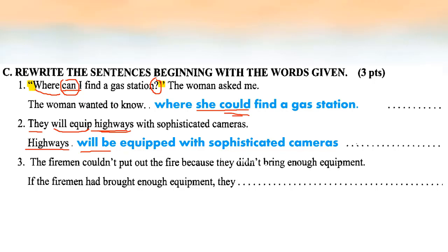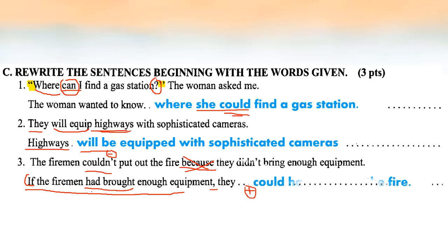For number 3, it's conditional. But what conditional? Because we have here because, that's the comma, so we need to omit this one. Luckily, we need just to focus on the main clause because we have if here plus past perfect plus the subject, and of course, the subject here needs could or would, because we have here couldn't.